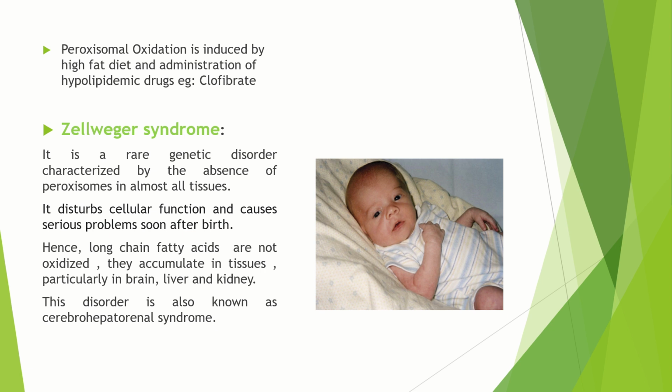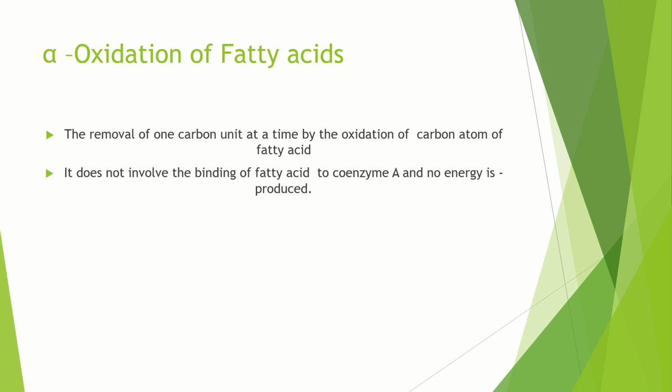So these fatty acids are going to accumulate in tissues, particularly in brain, liver and kidney. And when they accumulate in these tissues, they are going to disturb the cellular function and also cause serious problems soon after birth. And this disorder is also known as cerebrohepatorenal syndrome. So that is about peroxisomal oxidation.